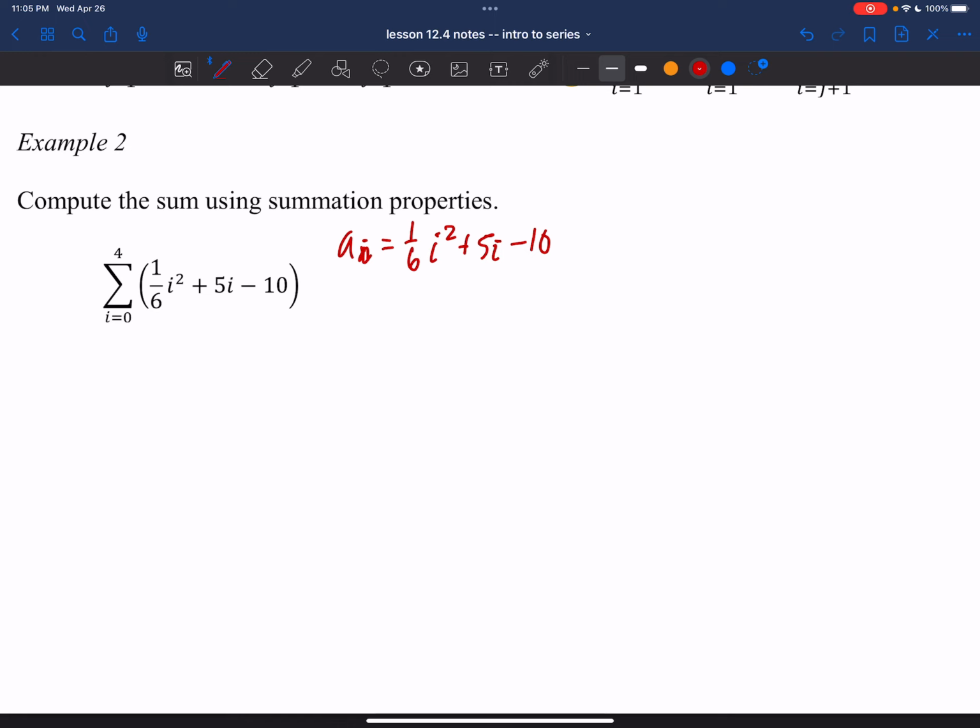And if you just want to plug in a sub 0, a sub 1, a sub 2, a sub 3, a sub 4, if you just want to plug in 0, and then 1 squared, and then 2 squared, and then 3 squared, and then 4 squared, right? You can do that, and you can compute all of these. And that's fine. That's acceptable.